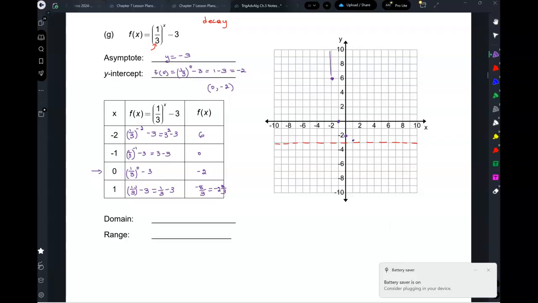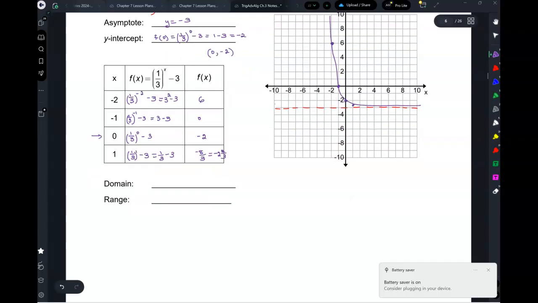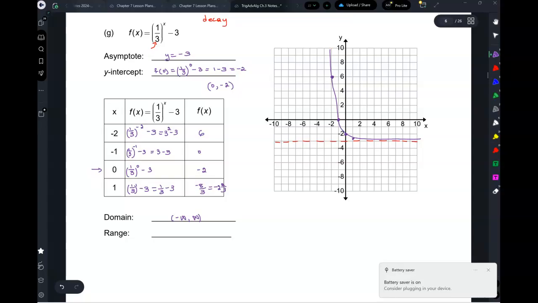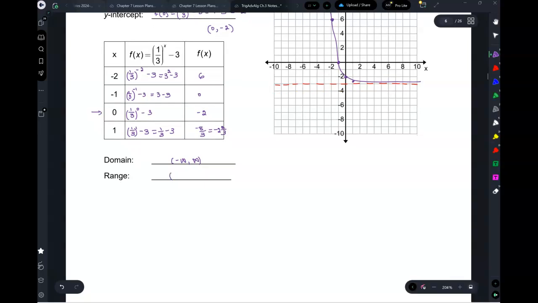So let me graph this. Fabulous. The domain is again all real numbers. Now the range, right? Remember, it's got to be connected to this number. And because it's sitting above the asymptote, it goes from -3, the asymptote, up to positive infinity, right?